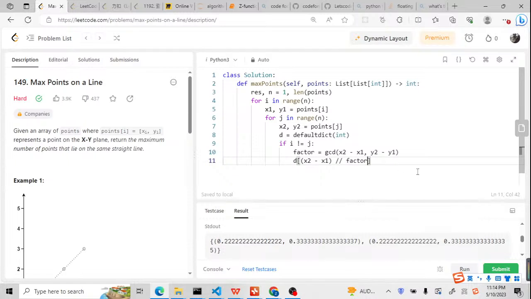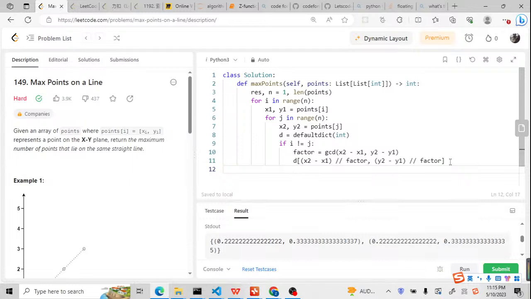Here we can use the double slash for integer division, because we are sure this is an integer: the factor is the greatest common divisor, so the result must be an integer. Now similarly we use y2 minus y1 divided by the greatest common divisor of those two values.